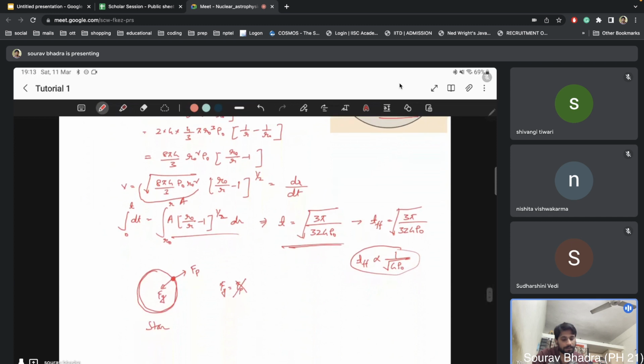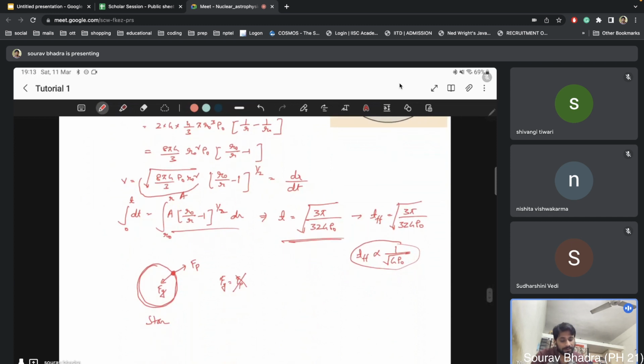Okay, but one interesting thing you can calculate. Suppose your nuclear reaction has ended in the sun, so Fp is not there, and it is just acting like the nebula: the star is contracting, there is no outward force.